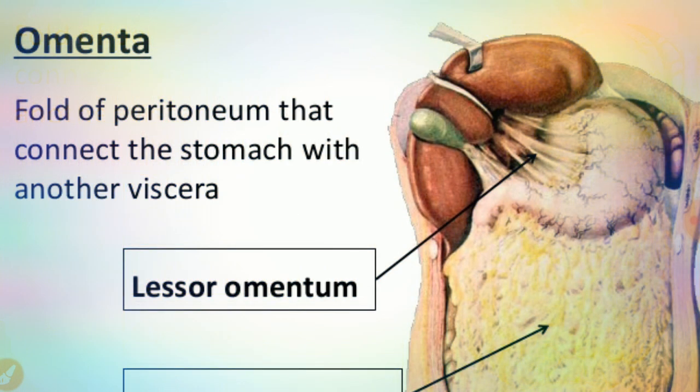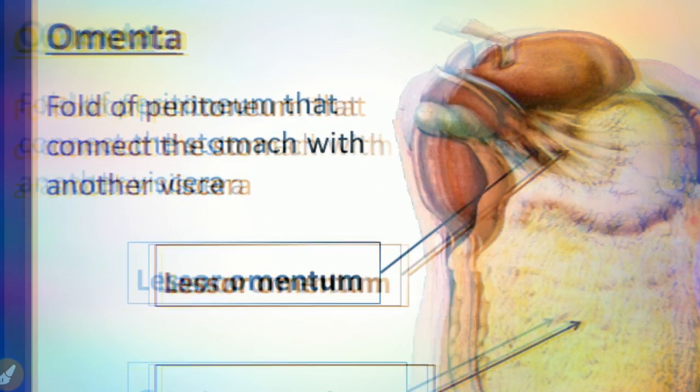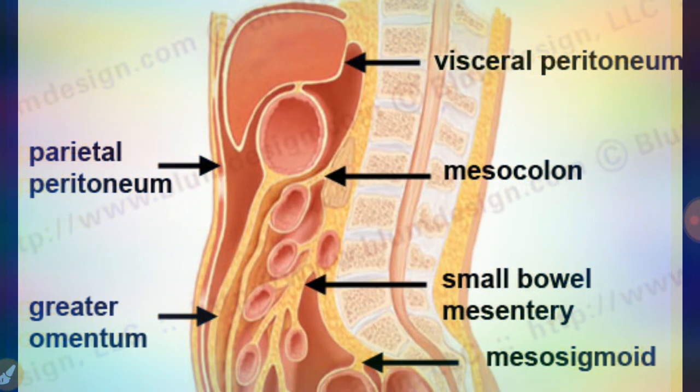Before discussing the omenta, we have to know what retroperitoneal means. Some organs lie on the posterior abdominal wall, so they are covered by the peritoneum only on their anterior surface. They are not in the peritoneal cavity.